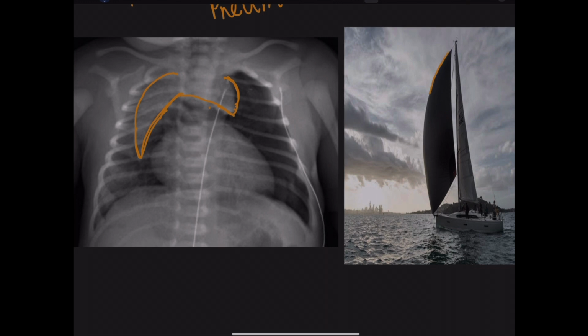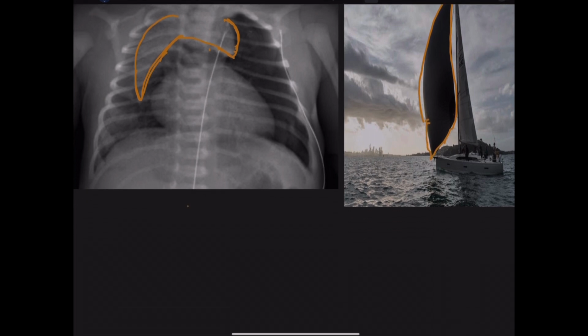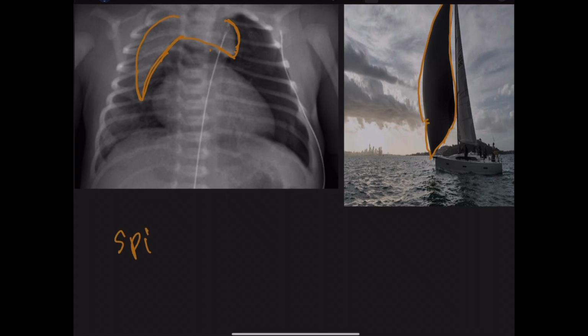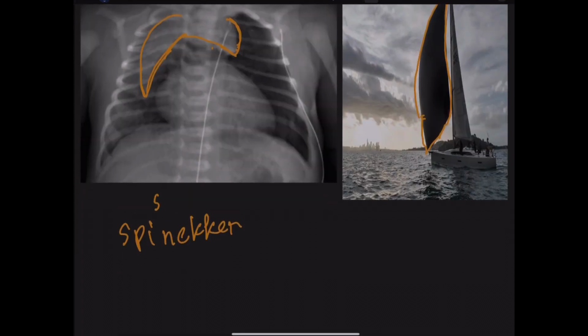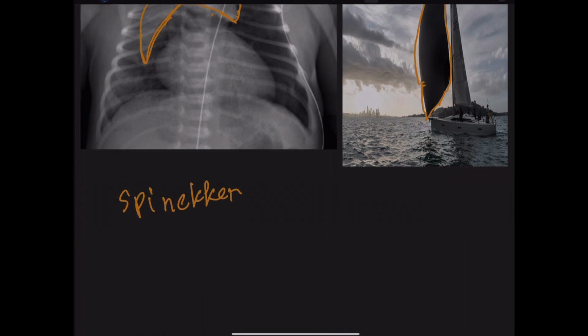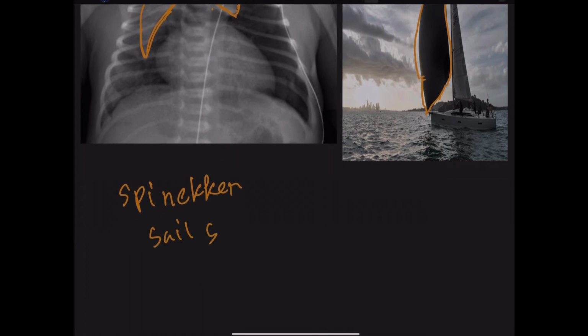You can see this spinnaker sail in this picture, and it is quite similar to this thymus, so we call it the spinnaker sail sign.